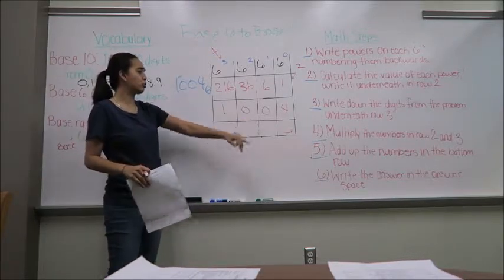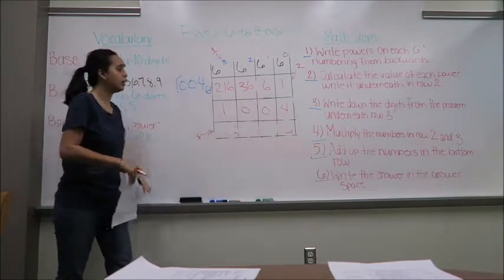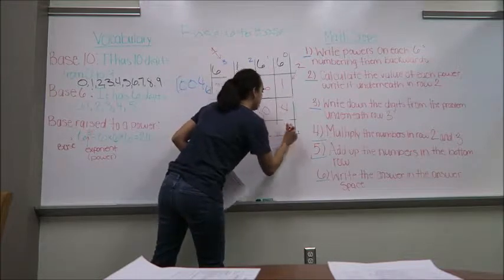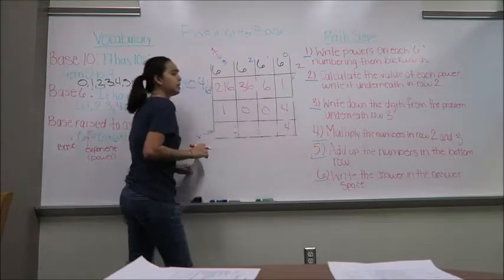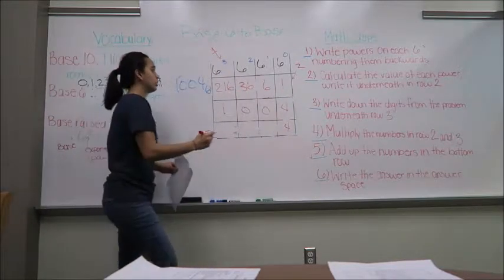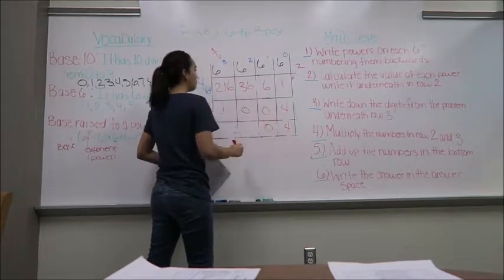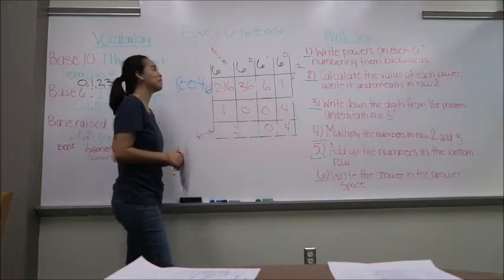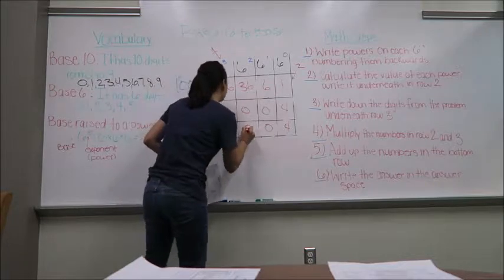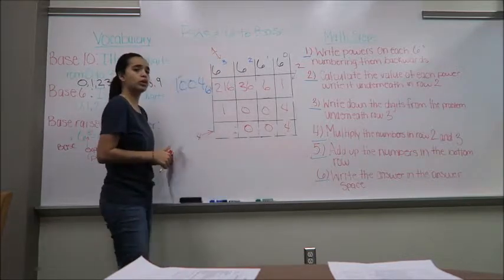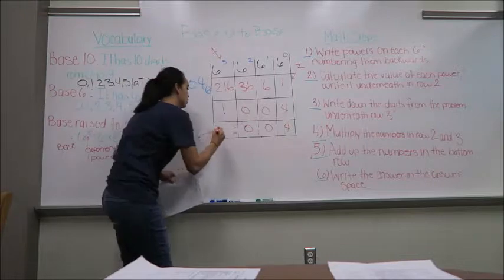Step 4: multiply the numbers in row 2 and 3. 1 times 4 is 4. 6 times 0, 0. 36 times 0, 0. 216 times 1, 216.